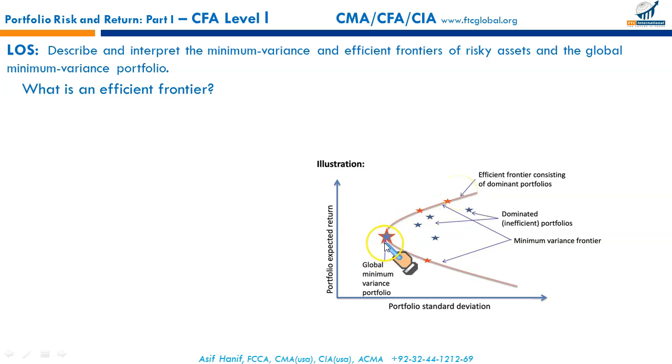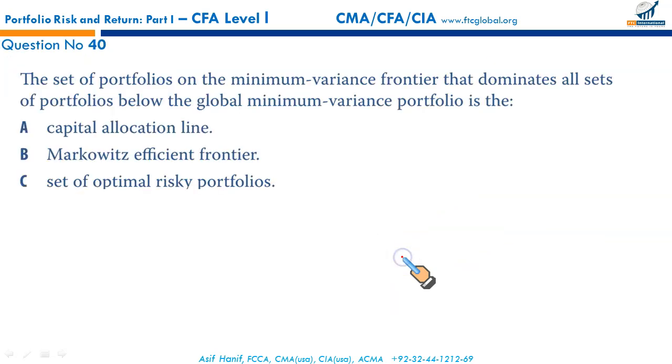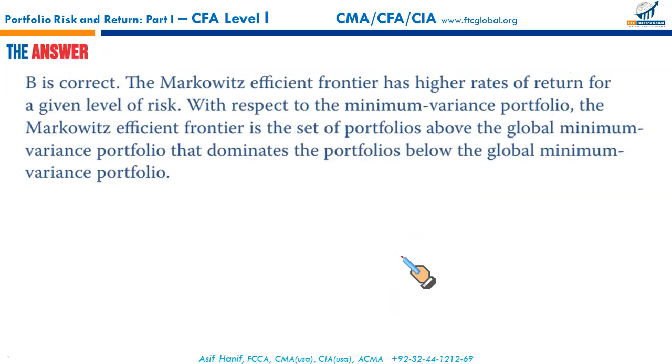So with respect to this global minimum variance portfolio, the Markowitz efficient frontier is a set of portfolios above it. So these portfolios dominate the portfolios below the global minimum variance portfolio. So that makes B the correct option. B, Markowitz efficient frontier, that's the answer.